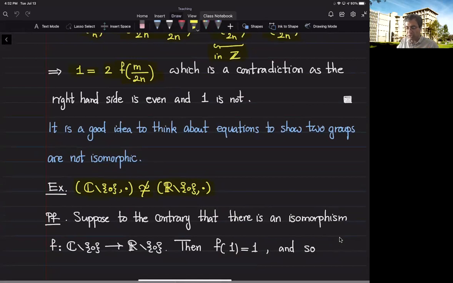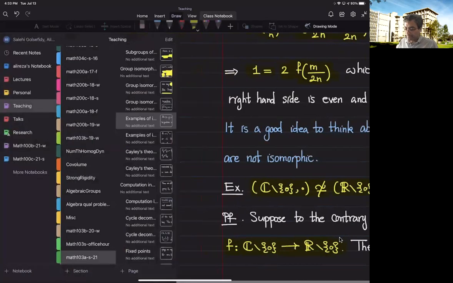So suppose to the contrary that f is an isomorphism from non-zero complex numbers to non-zero real numbers. Then the neutral element of this group is supposed to be sent to the neutral element of the other group, and therefore f of 1 is 1. Okay, so 1 is the neutral element here, and 1 is the neutral element here. Every group homomorphism sends the neutral element of the domain to the neutral element of the codomain. So f of 1 is 1.